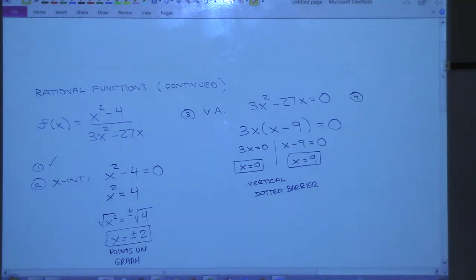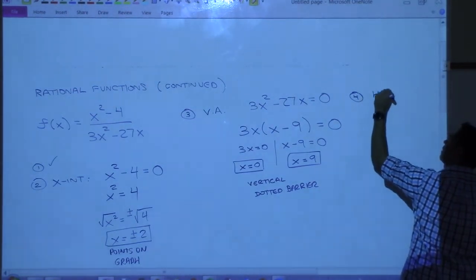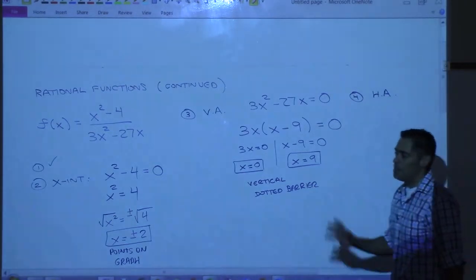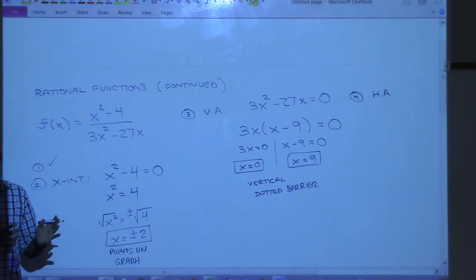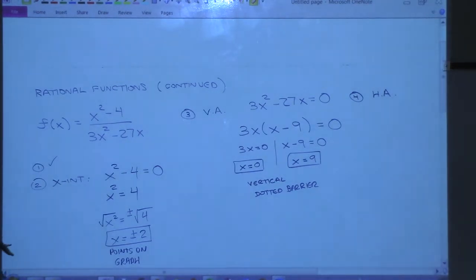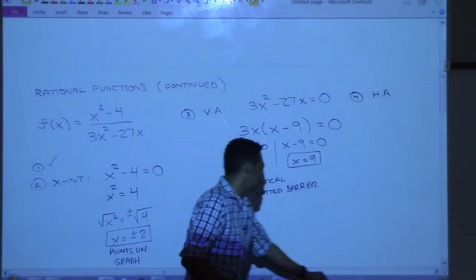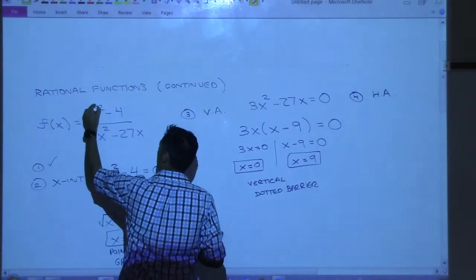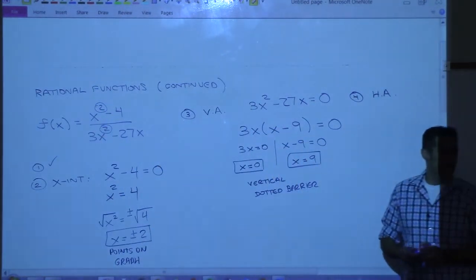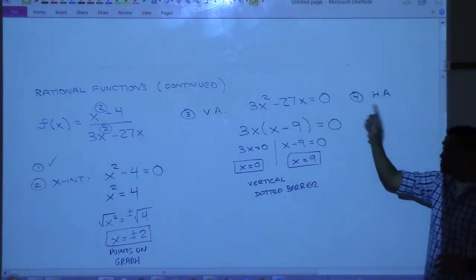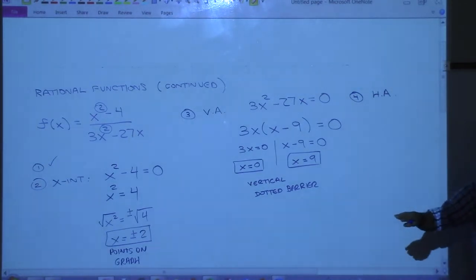All right, step 4 is what? Horizontal asymptotes. Okay, so now this is the step that I have not shown you for this particular problem. Now we are still going to compare the degree of the numerator and denominator. So let's see. These degrees right now are the same, right? Okay, if the top was smaller than the bottom, it would be the x-axis, like the first one we did.